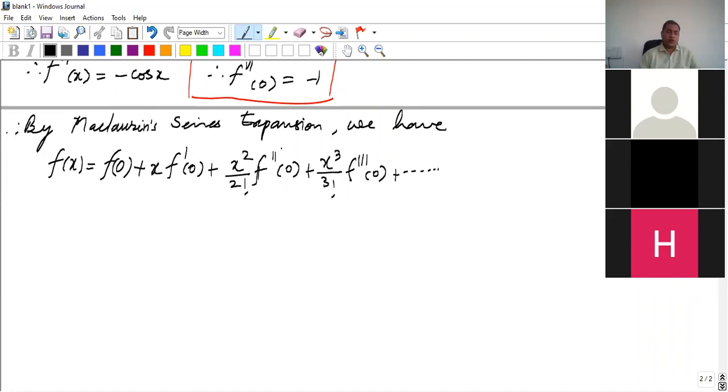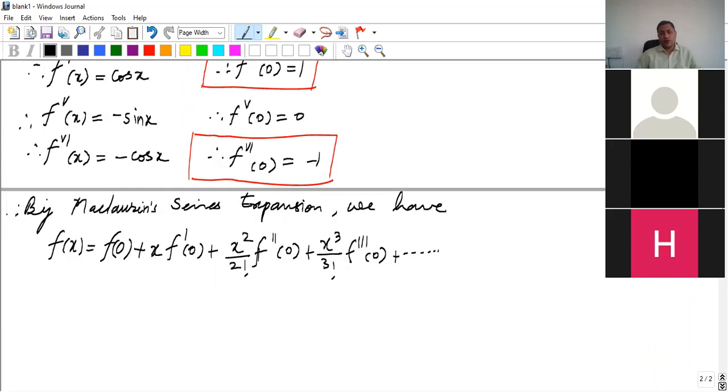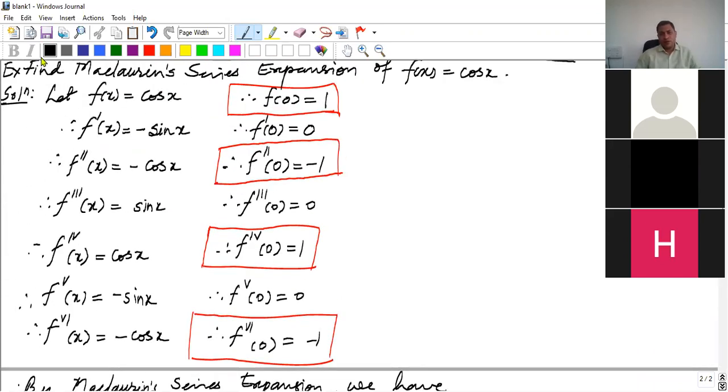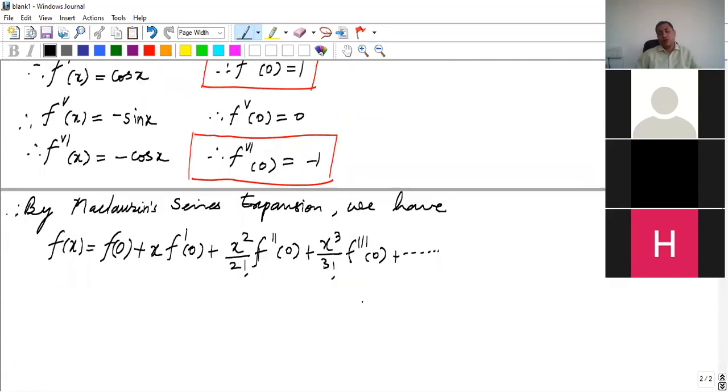Okay, so this is what the formula is. Now you can see what are the terms that we have calculated. So we have f is non-zero, f double dash is non-zero, f fourth is non-zero, f six is non-zero.